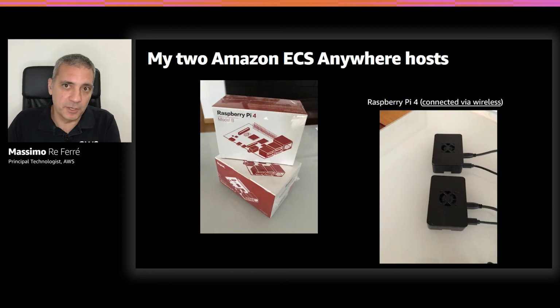So a surprise on a surprise. I didn't even bother to connect those 2 Raspberry Pis to my home network. I just use wireless. So that application that you saw me running and talking back to SQS and logging into CloudWatch and acting on a local file share, they were doing all of that via wireless on my home network.